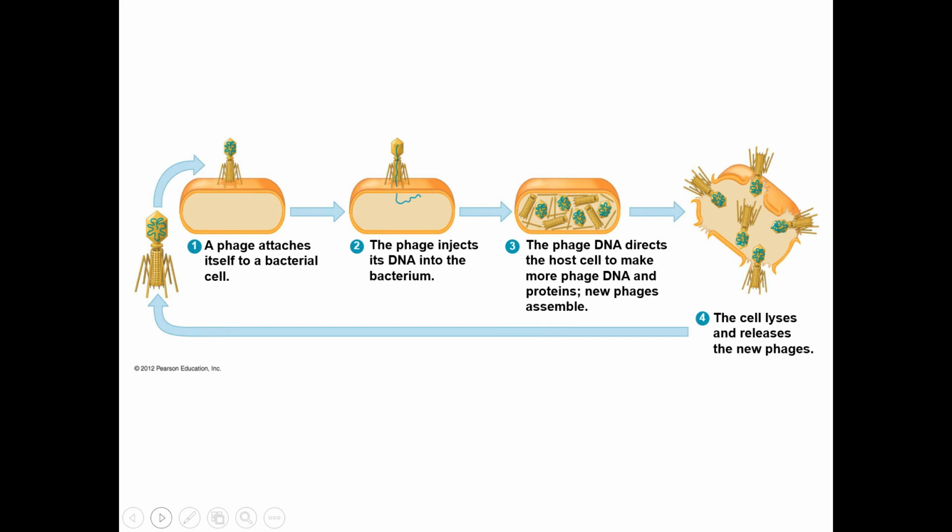Alright, so here you're looking at the life cycle of a lytic phage, like your T2 bacteriophage. Alright, so your phage attaches to the surface of a bacterial cell. It injects its genetic material into the host cell.